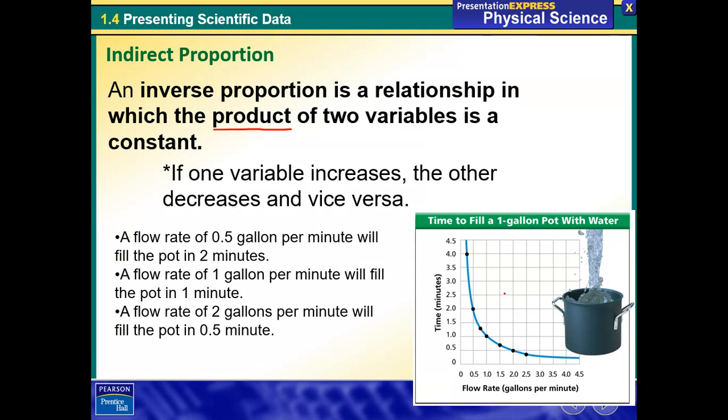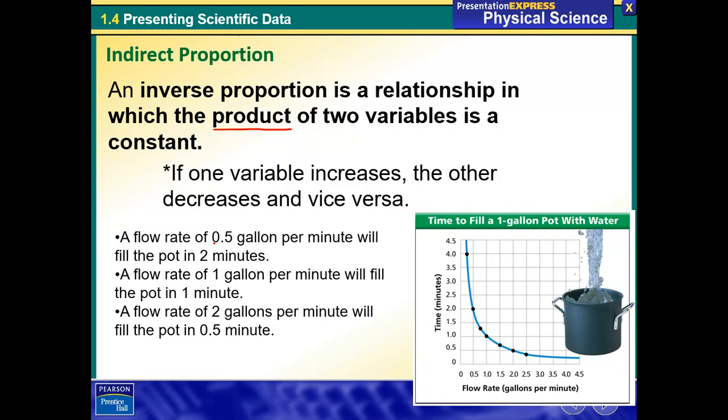Over here, we have a line chart. Here it says the time to fill a 1-gallon pot of water. This is showing the flow rate. So how fast is the water coming out of the faucet? This is showing the faster that the water comes out of the faucet, the less time is needed to fill that pot.